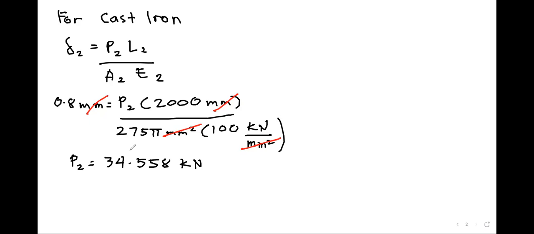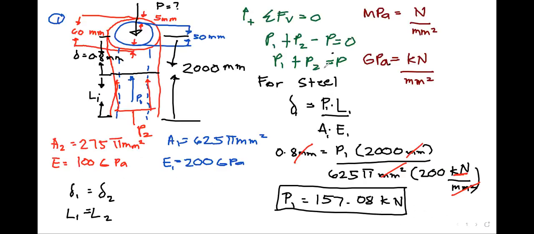Ang hinanap sa question is ano yung load na magko-compress sa combined bar natin na merong deformation of 0.8 mm. So kailangan ipag-add natin ngayon yung P1. So, balik tayo dito sa equation na to. P1 plus P2 is equals to P. So, add na natin siya. Plus 157.08.